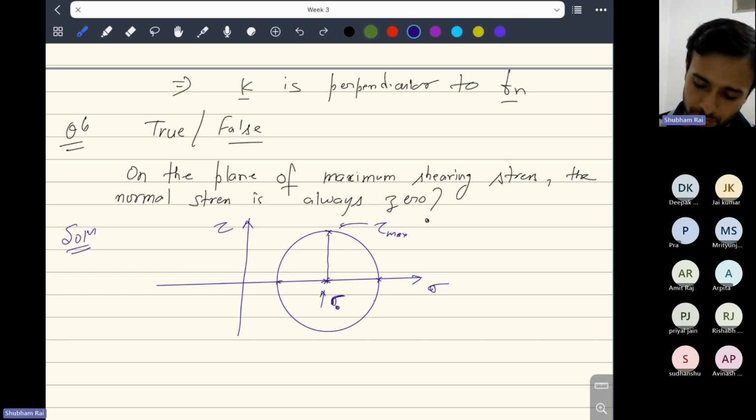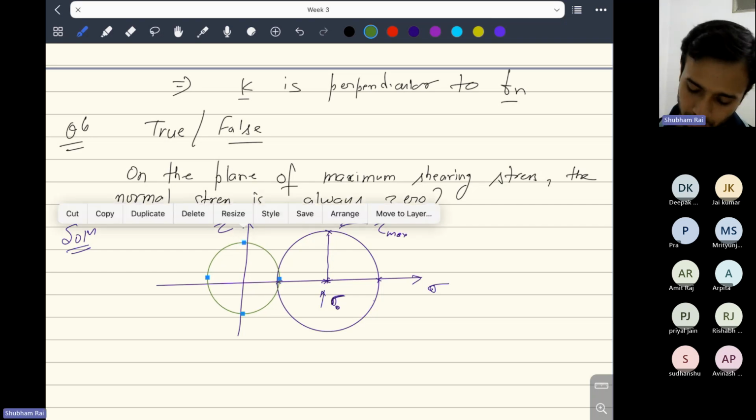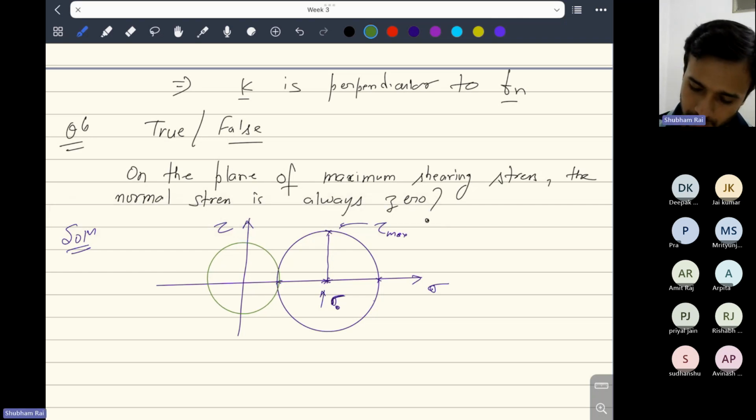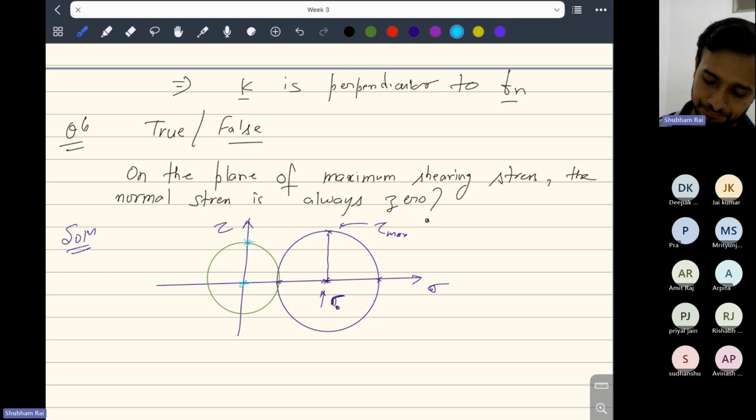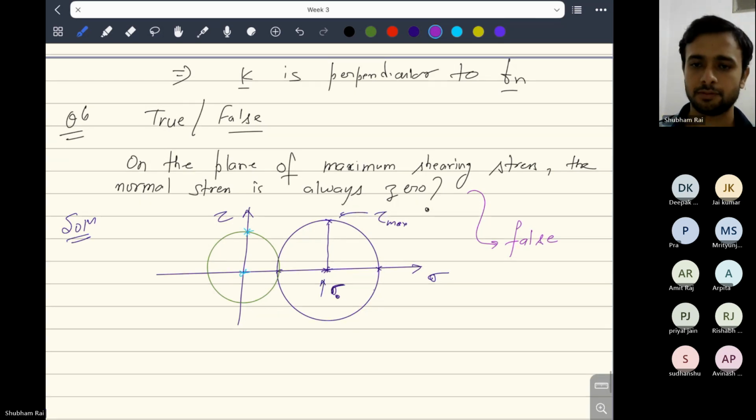But it can be zero also if you have this kind of Mohr's circle, where the maximum shear stress is lying at this point. Here the normal stress will be zero because it is at the origin. But it's not always the case. So that's why this statement is false.